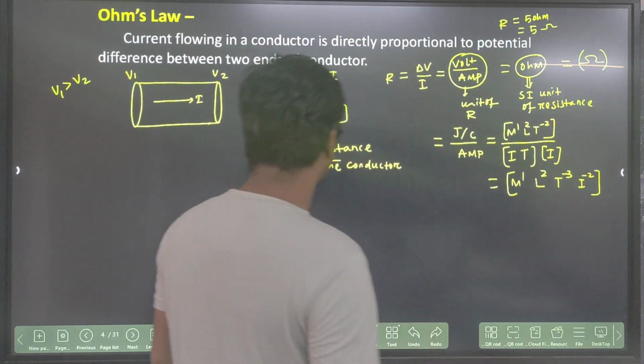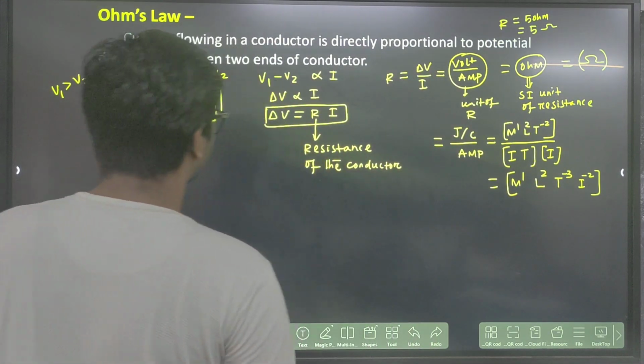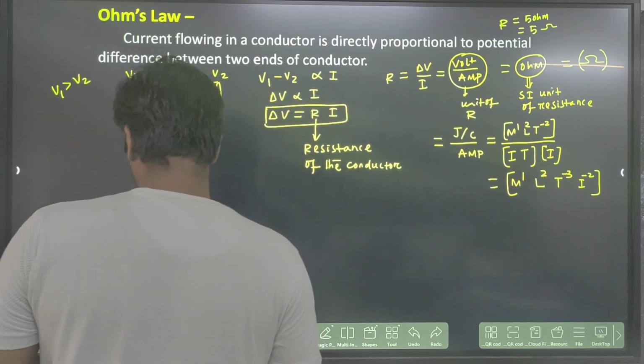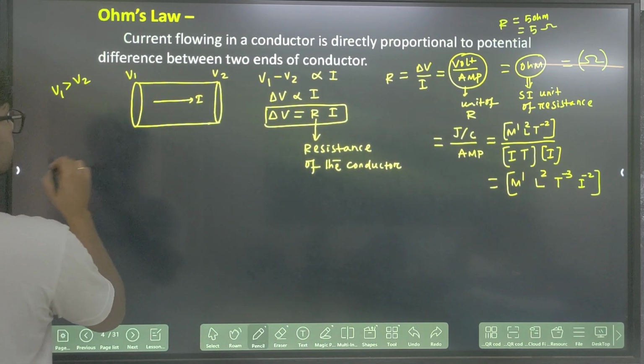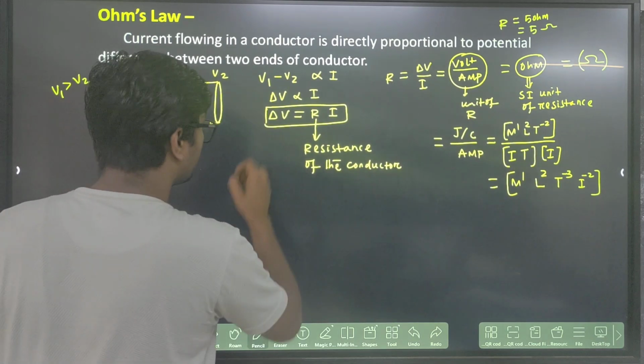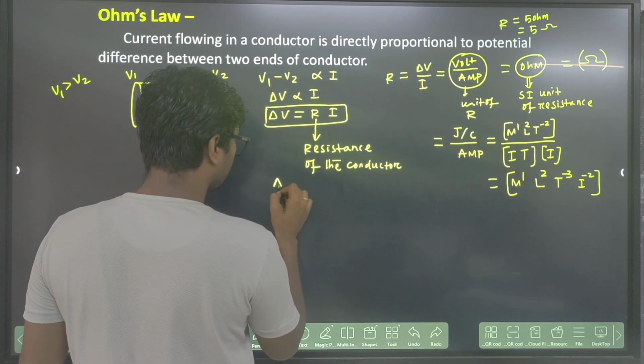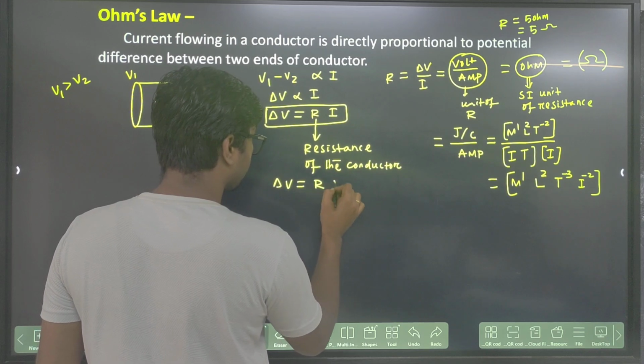Clear? Now come back to this relation: delta V equal to Ri.